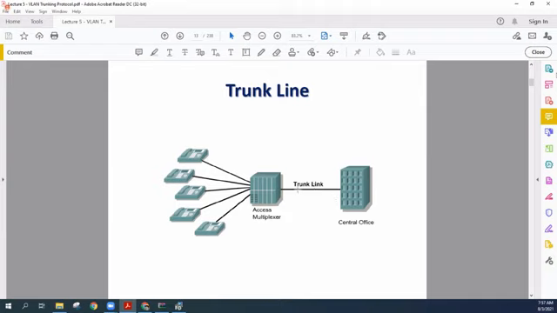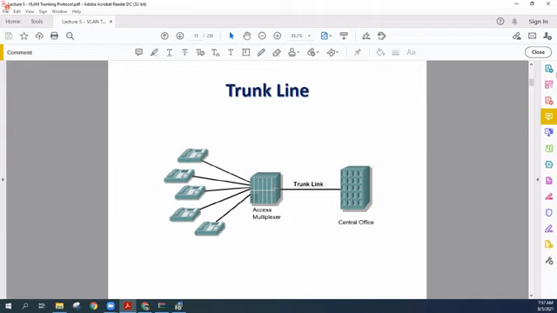So this is the trunk line, as in the previous statements. Visualizing the trunk line, there is the central office and the access multiplexer, so a trunk link is there. This trunk link is for 1, 2, 3, 4, 5 telephones as per this diagram, right?